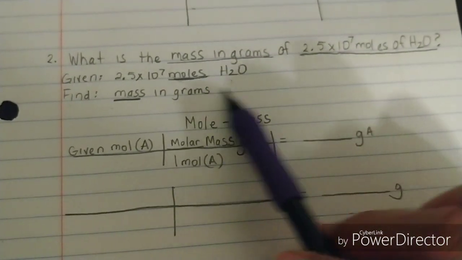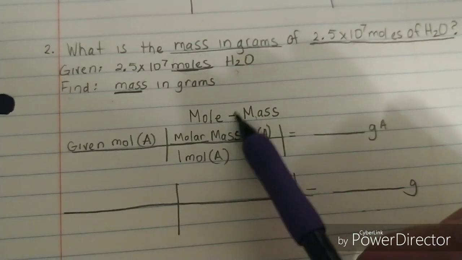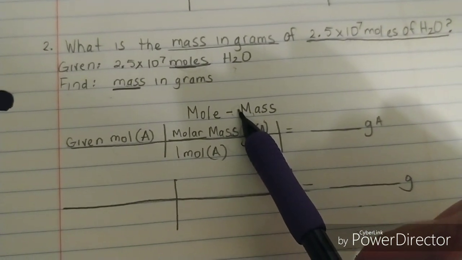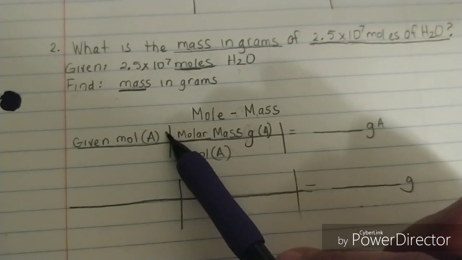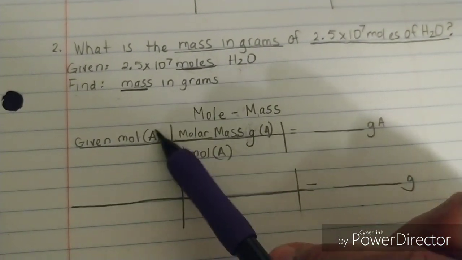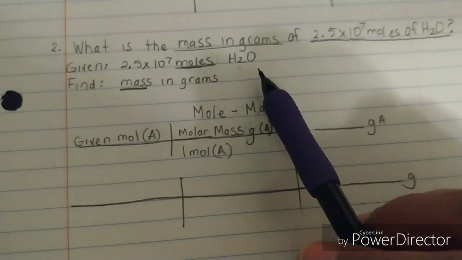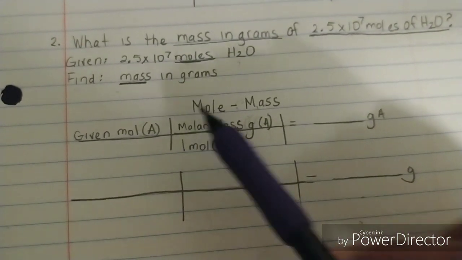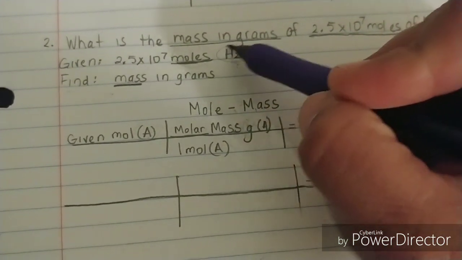I just finished explaining how to figure out what type of problem it is, and your job is to go back and find out what notes you would use. Okay, so this is telling me to put my given moles of A. A represents the symbol of that chemical that's in the given. So in this case, the symbol of the substance or chemical is H2O.